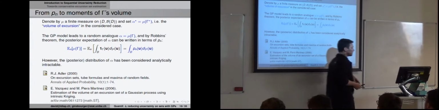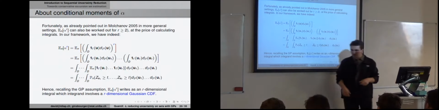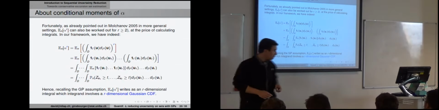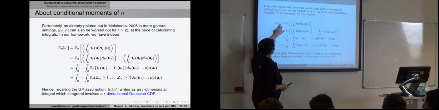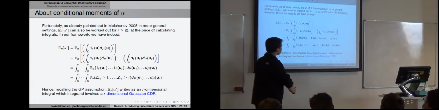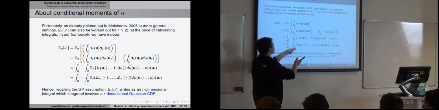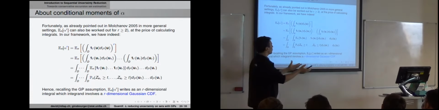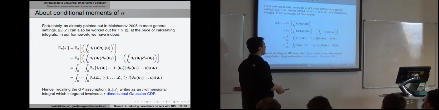But if you use this trick again on powers of the volume, then you have something really cool. If you take a power of the volume, so it's basically a moment of the volume, you have the integral to the power r. Using mute variables, this is just the integral with a notation u1 times the integral with a notation u2 times the integral with a notation ur, and then you end up with a multiple integral.